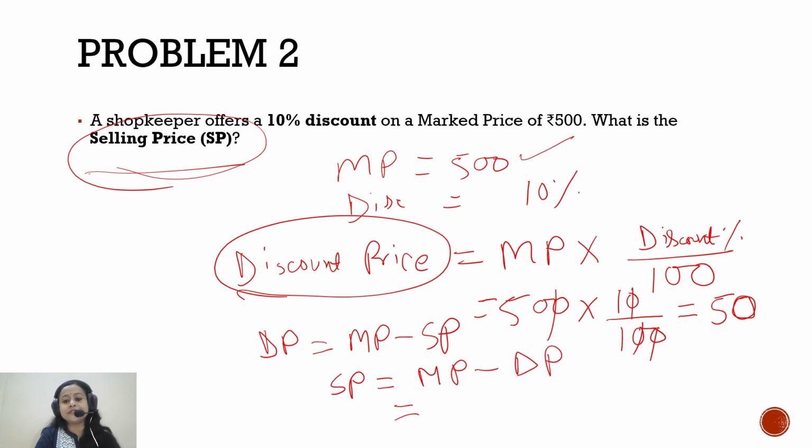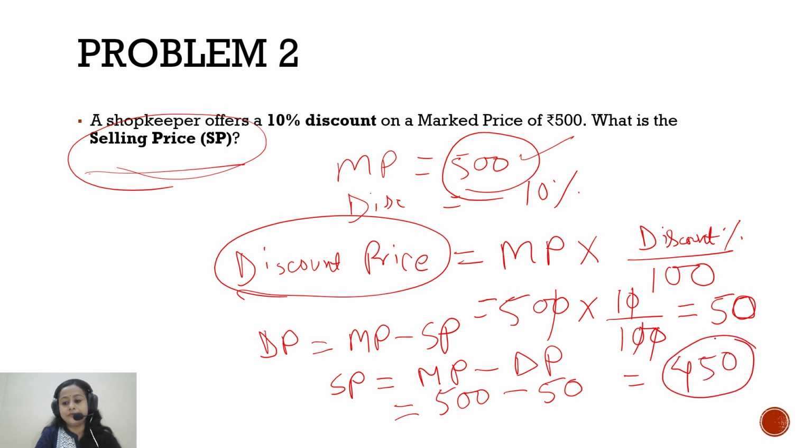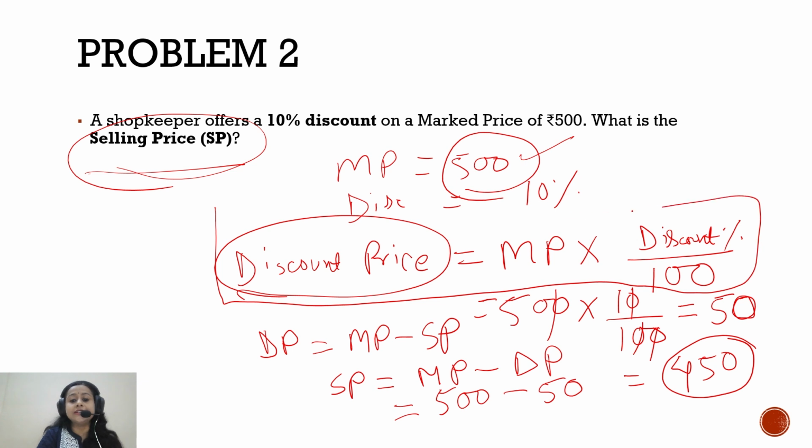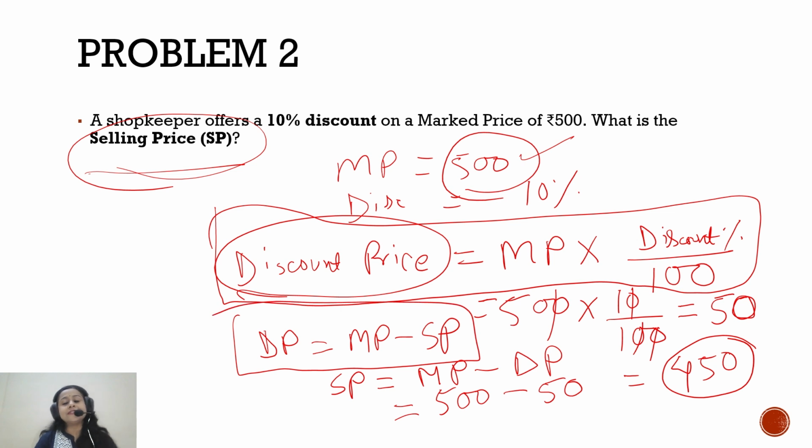So marked price is 500 and discount price is 50. So our selling price will be 450. So here we have applied two formulas. First, we calculated the discount price from the marked price and discount percentage. Then we used this formula to find the selling price. Right? Let us move to the next problem.